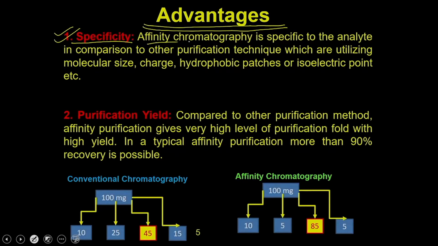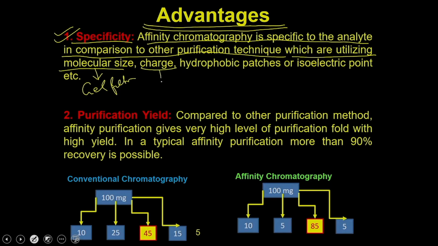Affinity chromatography is specific to the analyte in comparison to the other purification techniques, which utilize either the molecular size, which is identified by gel filtration chromatography, charge, which is identified by ion exchange chromatography, or hydrophobic patches, which are identified in HIC. In some places you can also use the isoelectric point.